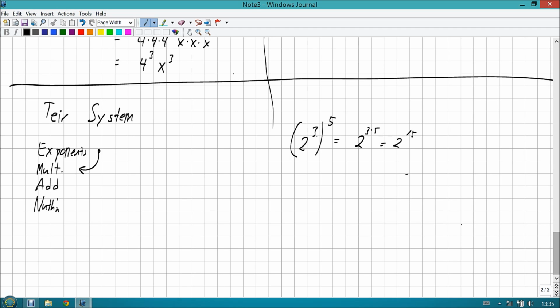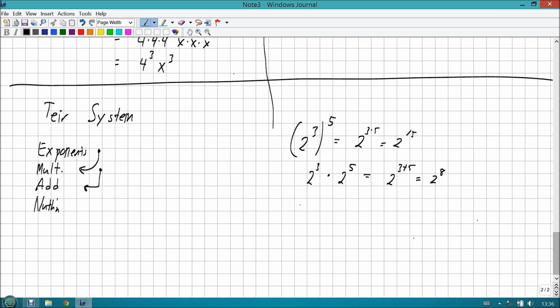I took a power to a power and I turned it into multiplication. Now what if they're multiplying? What if I have 2 to the third times 2 to the fifth? Well, in that case, we just added them, right? So from multiplication, I add.